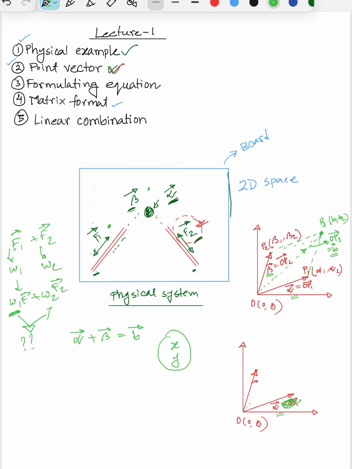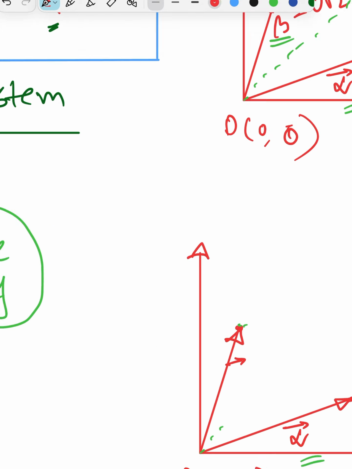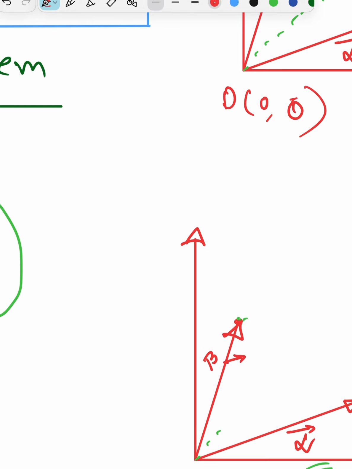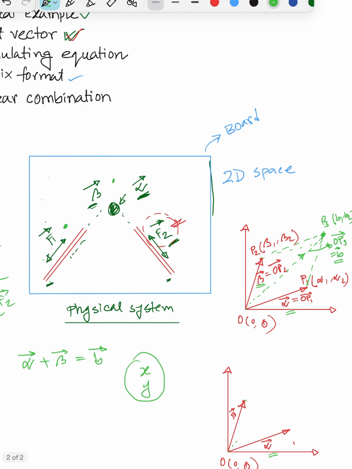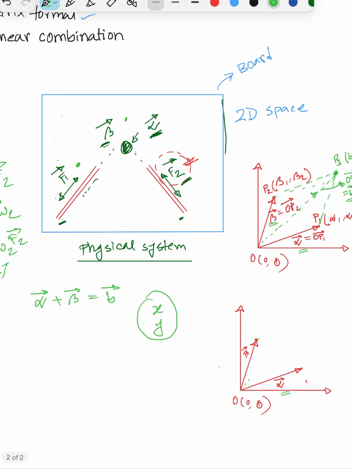Alright, so this is alpha, and we have this beta here. Now say we want to achieve something here.